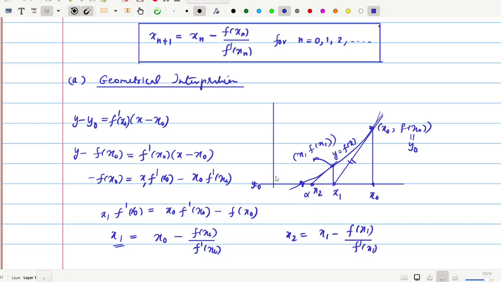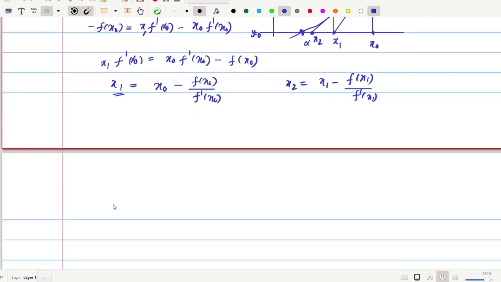We can generalize this formula as x n plus 1 is equal to xn minus f of xn divided by f dash of xn. This is the geometrical interpretation of the Newton-Raphson method. When you repeat this process, the values x1, x2 converge to the actual solution, which gives the real solution of the equation f of x equal to 0.